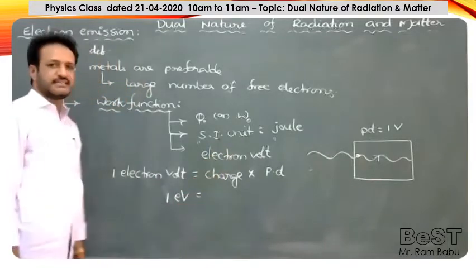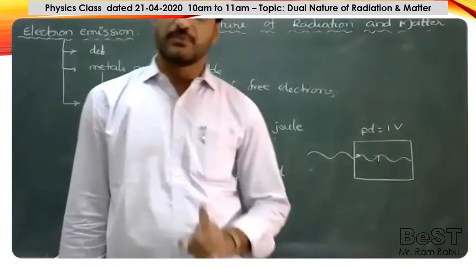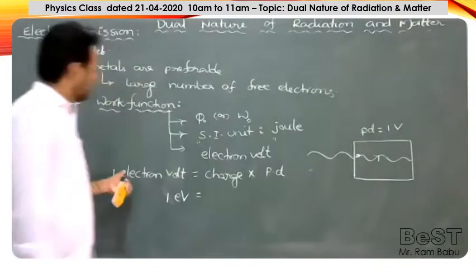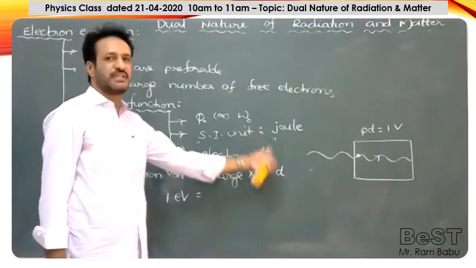So we can give the definition also, note down this one. The kinetic energy gained by an electron while accelerating through a potential difference of 1 volt is equal to 1 electron volt. We can write here, 1 electron volt is equal to charge of electron into potential difference.